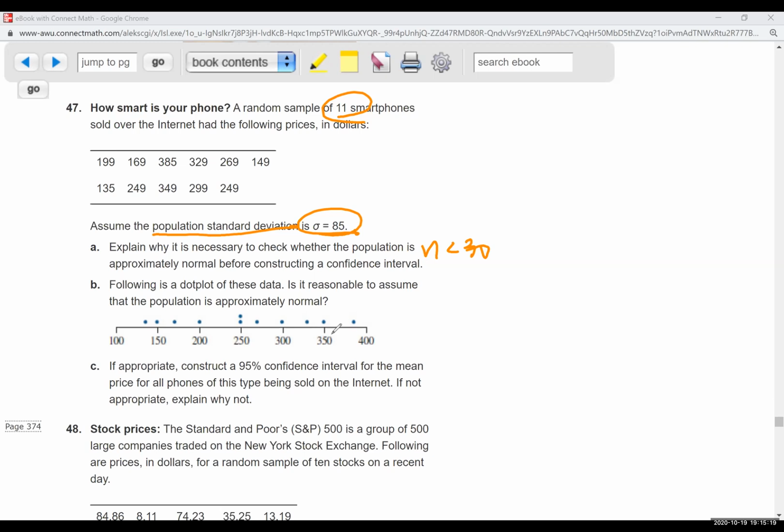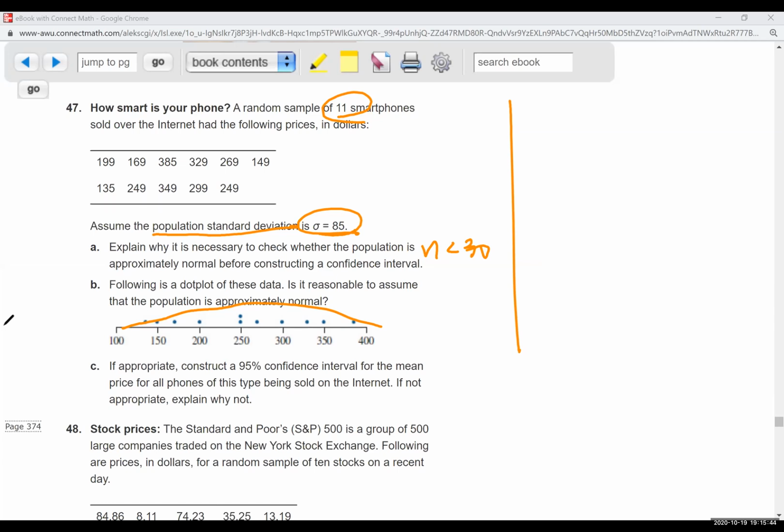Yes, it's evenly distributed, so you can check that this has a normal curve. So it's approximately normal. Based on this, it is appropriate now to solve for the confidence interval.